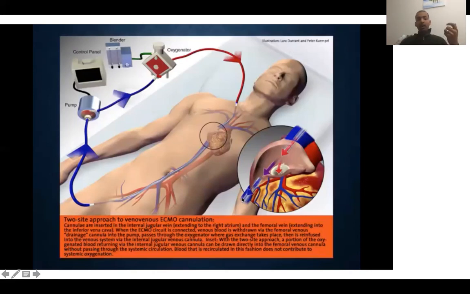And this is called recirculation. This can be avoided when we use the dual lumen cannula system, avoided in the sense, not completely, but much, much better managed, because this concept of recirculation is taken care of because of the arrangement of the cannula.